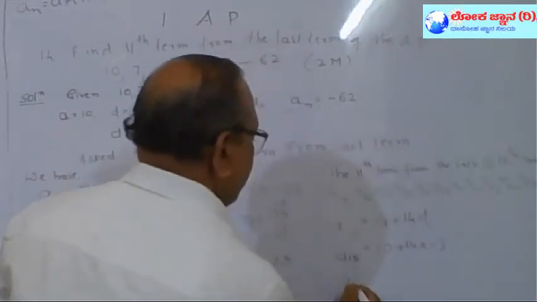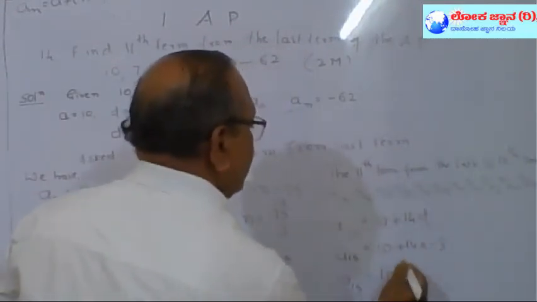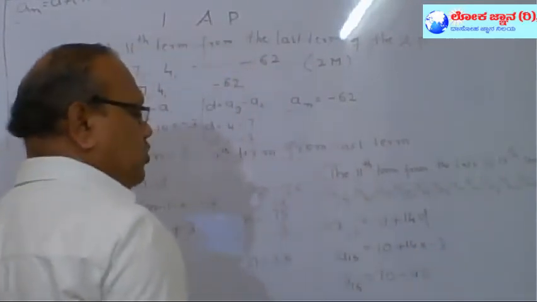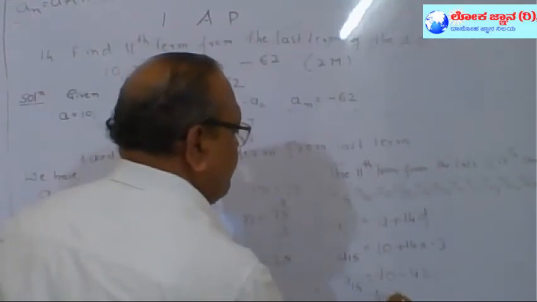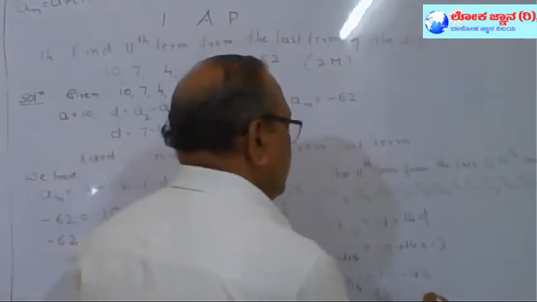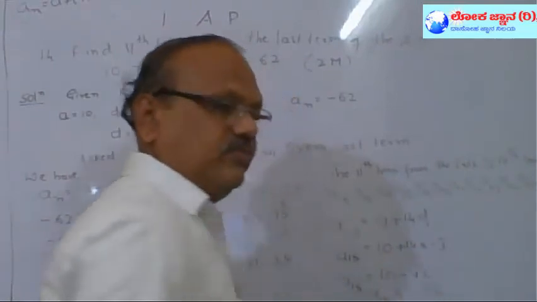So A15 is equal to 10 plus 14 into minus 3, that is minus 42. A15 is equal to 10 minus 42, which is minus 32. Any doubts?